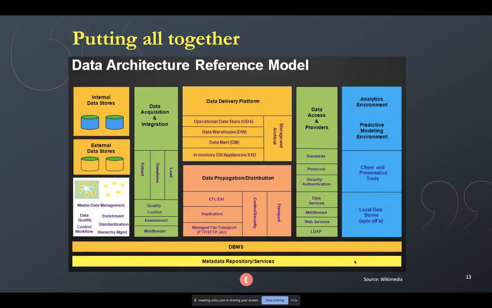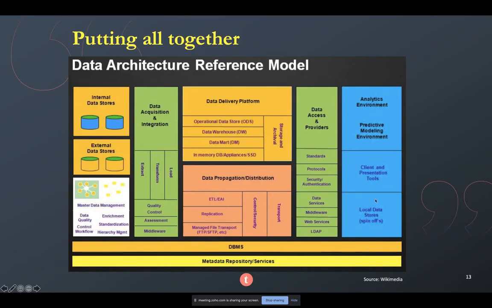You will see that in every architecture, there are all these elements that I was talking about before. Here you can see that there is the storage, there is the acquisition, there is the service, the sharing part. Also here, this is the sharing part. Here you can see the data quality, and here we have the profiling part.